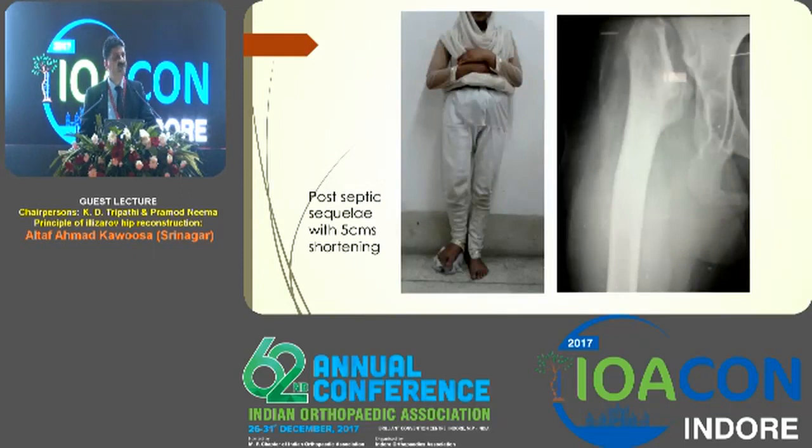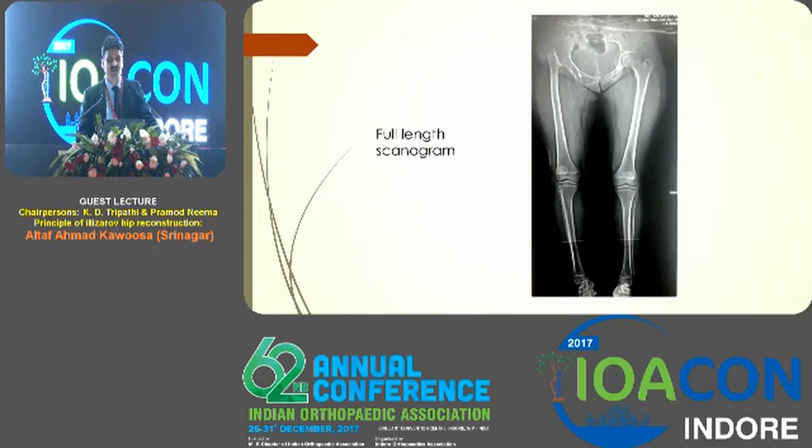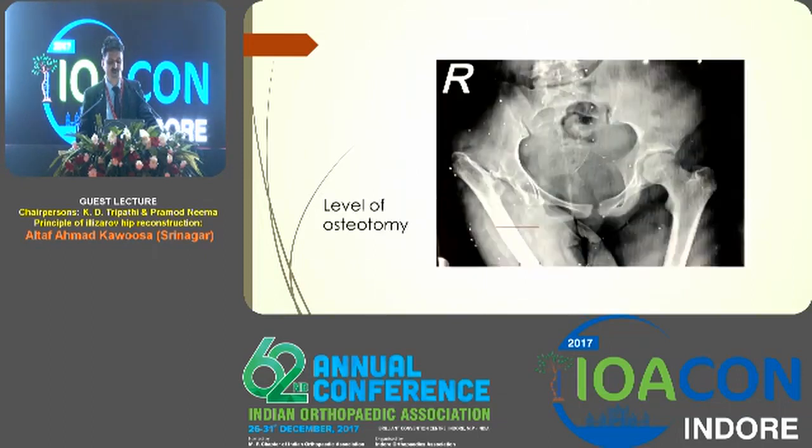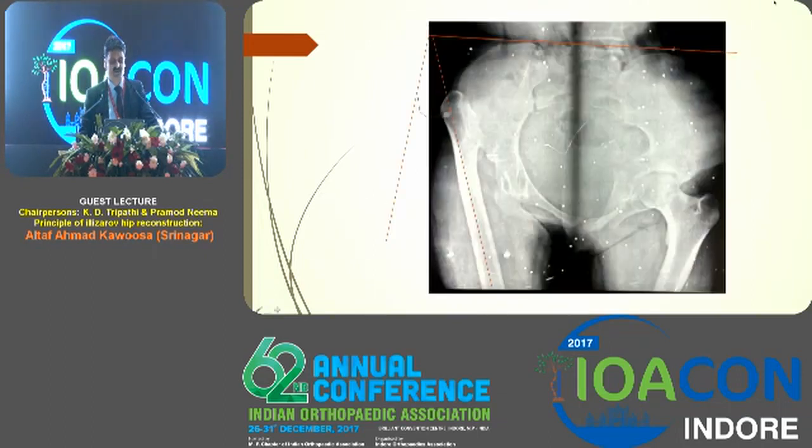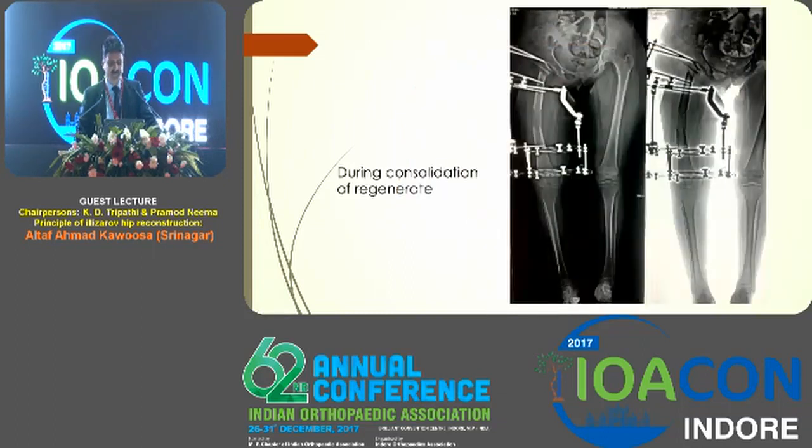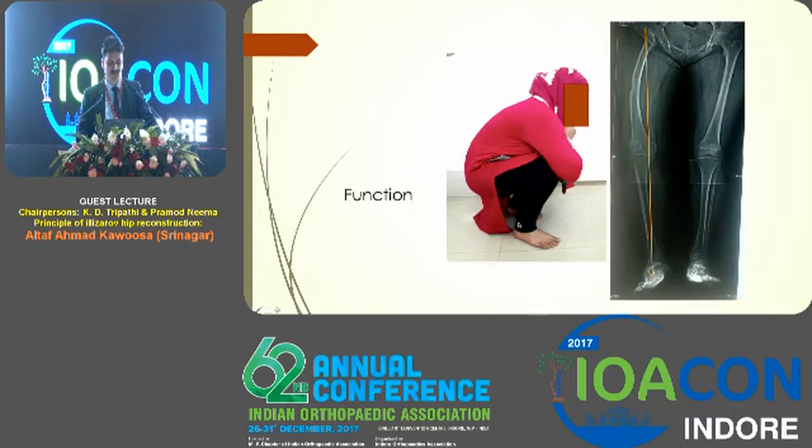Post-septic sequelae with 5 centimeters of shortening, full-length scanogram, adduction view, and this is the drop view where you calculate the angles and look at where the trochanter is going, how unstable it is. This is during consolidation and lengthening. This is the regenerate, function, mechanical axis.